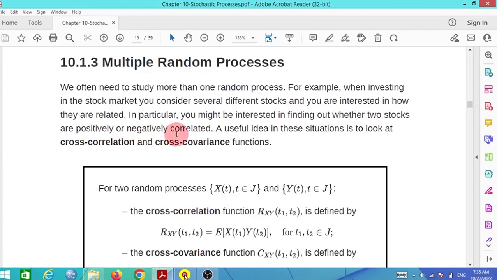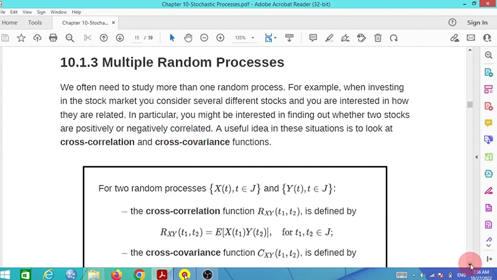In particular, you might be interested in finding out whether two stocks are positively or negatively correlated. A useful idea in this situation is to look at the cross correlation and cross covariance functions.